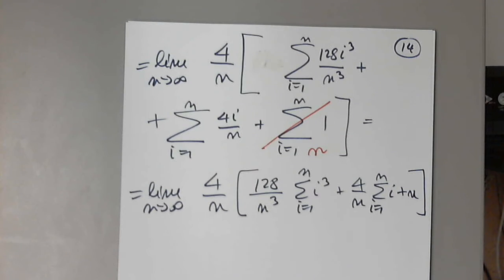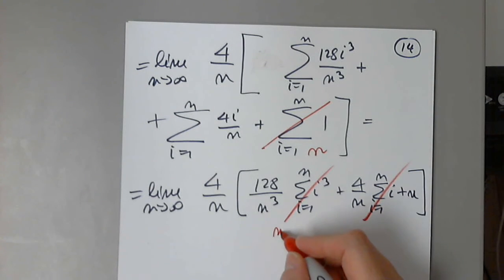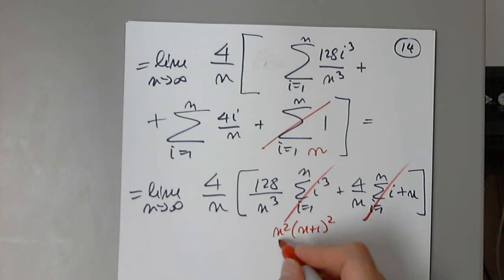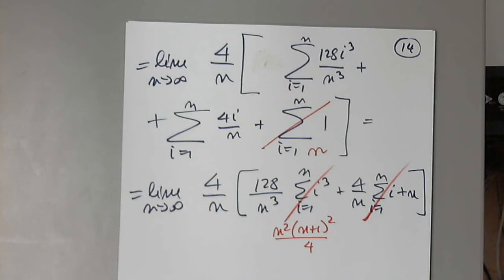Now this gets replaced. What do I replace the sum of i cubed by? n squared, n plus 1 squared over 4. What do I replace the sum of i by? Same thing without the square. n plus 1 divided by 2.